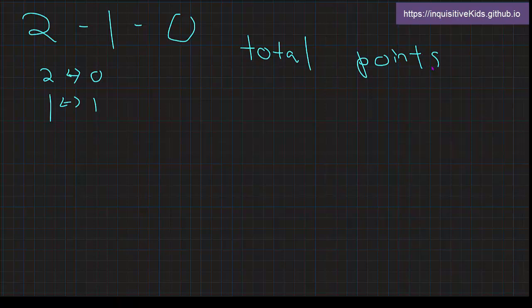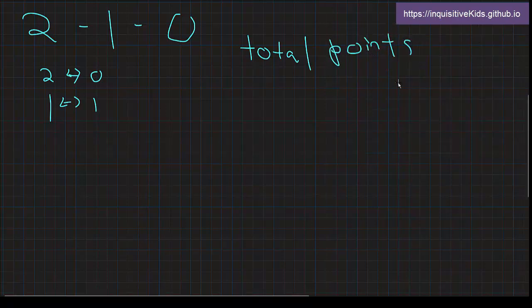No matter how many combinations you have, the total number of points after you add all of those people's points together never changes. So we can expand from that. First, each match actually results in a total of 2 points.